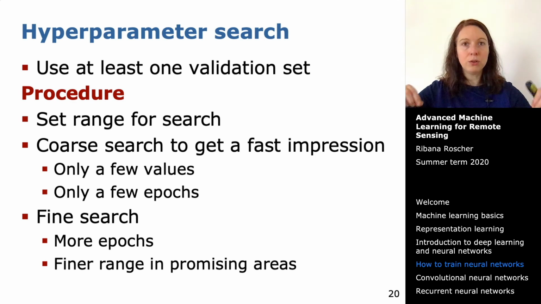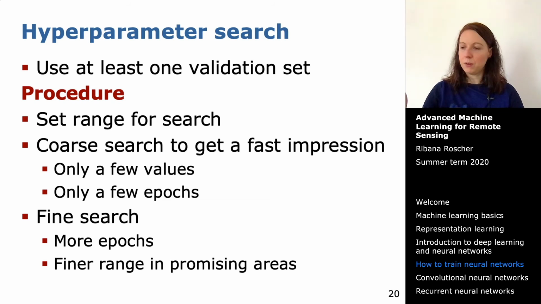And then first of all you do a coarse search to get a fast impression. It's not that you test hundreds of hyperparameter settings in between. You just search with a few of them to get a first impression, which means only a few values.